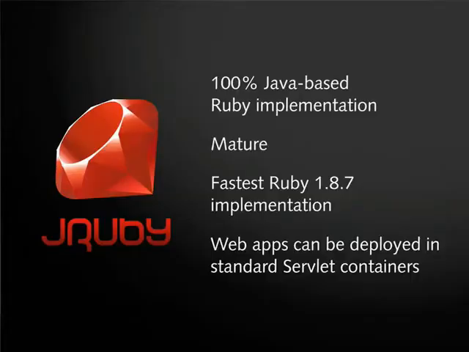So that's basically the architectural approach. When we are using Rails in combination with Magnolia, we obviously have to use Java.